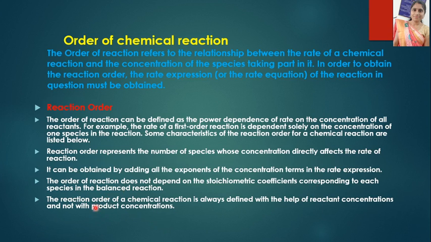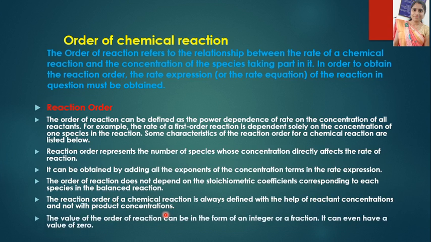This is a very important point. The order of a chemical reaction is dependent on reactant concentration and not the product concentration. And also the value of order of reaction can be an integer or a fraction, and it can even have a value of 0. It means order may be 0, an integer, or a fraction.